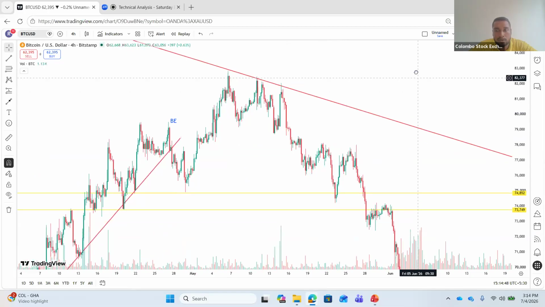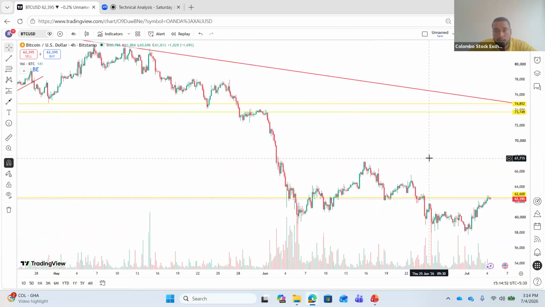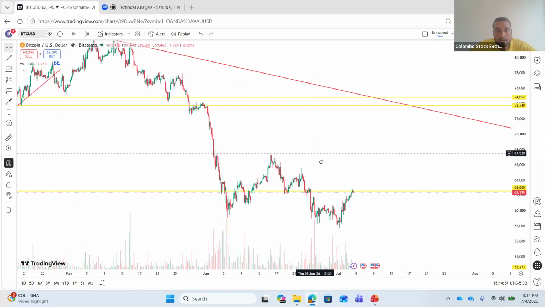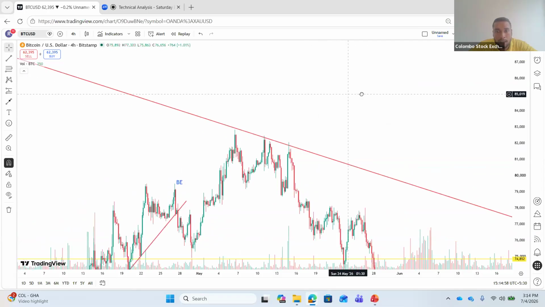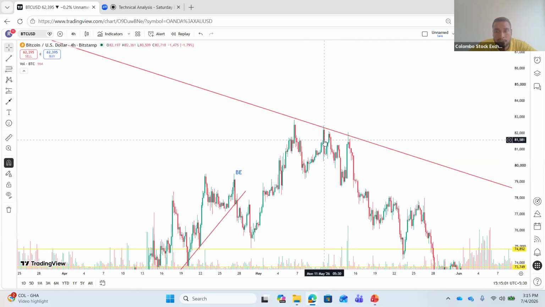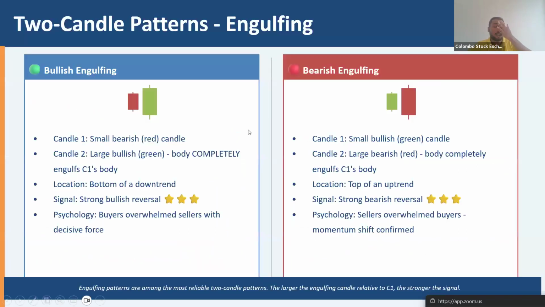Again the downtrend has started. And this is also a bearish engulfing. I hope you understand the bullish engulfing and bearish engulfing.